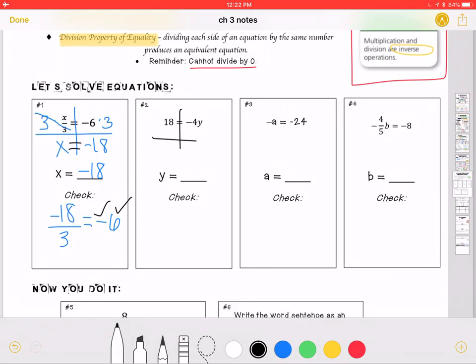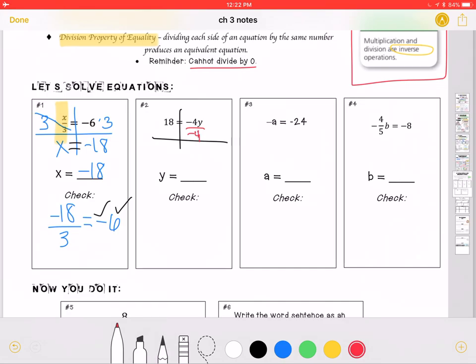Now, something I want to show you. When we show division, you almost write it like you saw in the first problem, like a fraction. So I'm going to divide by negative 4. Keep the sign with it. Right now it's being multiplied by negative 4.